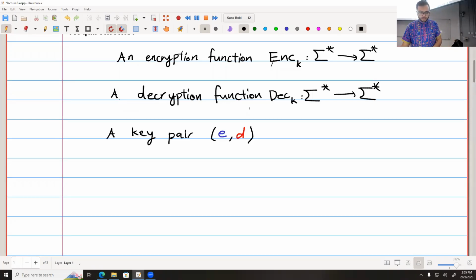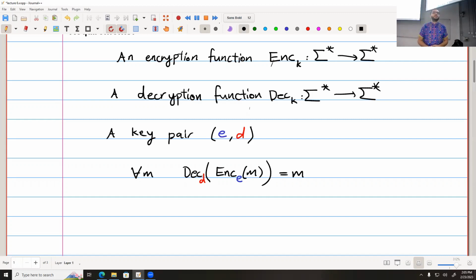So the first requirement is that for every message M that I might want to send, if I first encrypt M, and let's say that I'm encrypting it using this public key, the encryption key E, and then if I decrypt the result, and I decrypt using my decryption key or private key or secret key D, then I want to get the same message M.